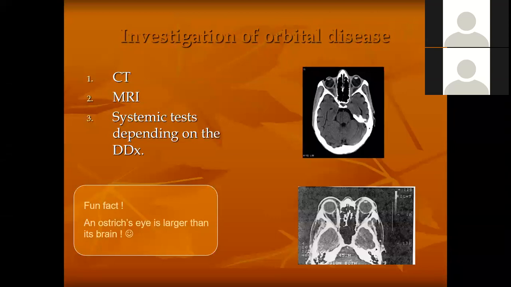But the basic tools to diagnose proptosis and orbital diseases are CT scan and MRI. CT scan will give you the bony lesions and the bony details of the orbit, and you have to specifically take the coronal section and the axial section. Both sections are very important.